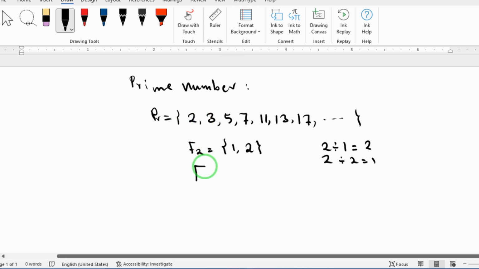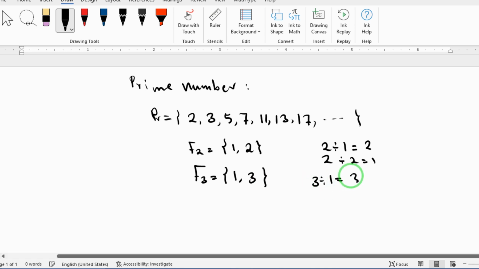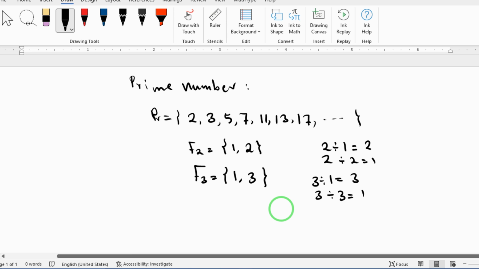And the same, the factors of 3 are 1 and 3, or in other words 3 divided by 1 equals 3, and 3 divided by 3 equals 1. These numbers are called prime numbers.